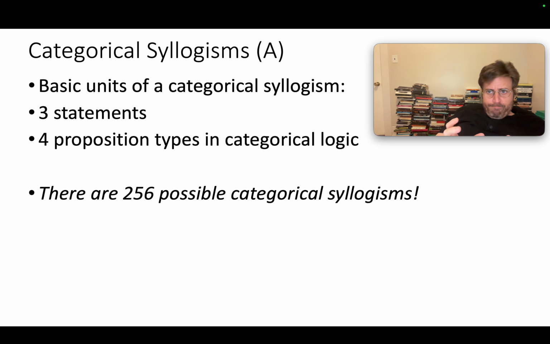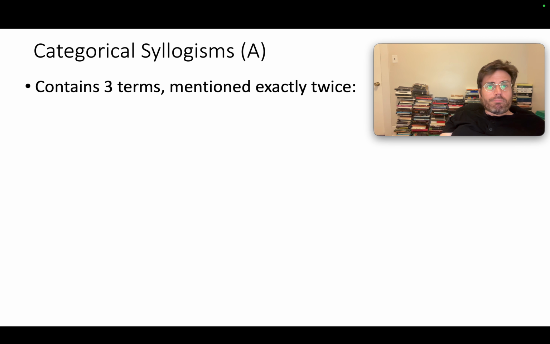Okay, so like everything else in formal logic and symbolic logic, very quickly the content is going to become pretty irrelevant to whether or not an argument is valid. Much more of our concern is the relationship between the class terms and the arrangement of category types in terms of each other. All right, so categorical syllogisms all have certain commonly shared characteristics.